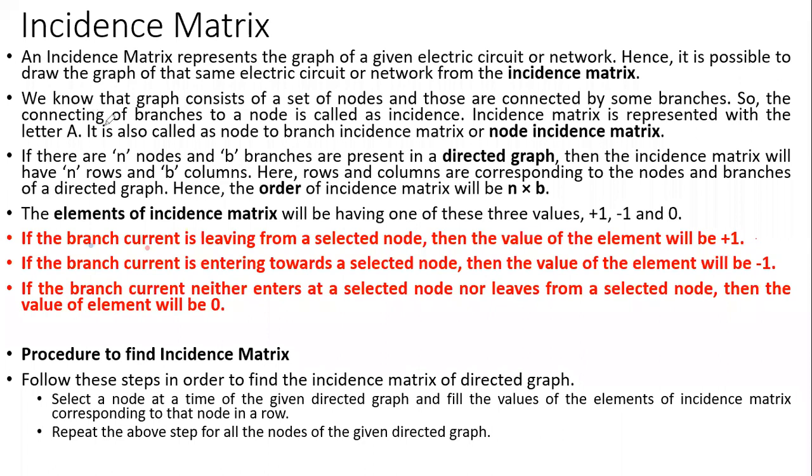Branch when connected to node is called as incidence. So this will actually tell which branch is connected to which node and in what direction. Incidence matrix is represented with the letter A and it is called the node to branch incidence matrix or node incidence matrix. So this basically gives us which branch is connected to which node and in what direction.